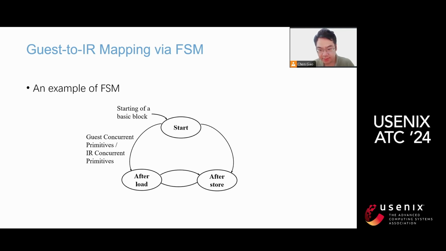Each state in the FSM represents the memory ordering described by a specification table, and the ordering should be enforced at a certain moment on the host. Each transition condition is a concurrent primitive. The FSM outputs fences that should be inserted according to the current state when encountering concurrent primitives, and transitions to a new state after the concurrent primitive.